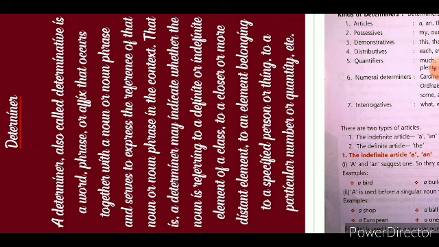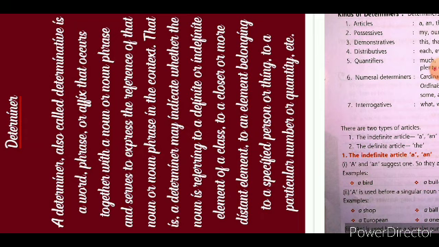So what is the role of this determiner? My dear students, first of all you must be aware that determiners were not part of ancient English grammar, but nowadays determiners are being taught. Determiners are a part that we study in English grammar. So what do determiners do, my dear students?